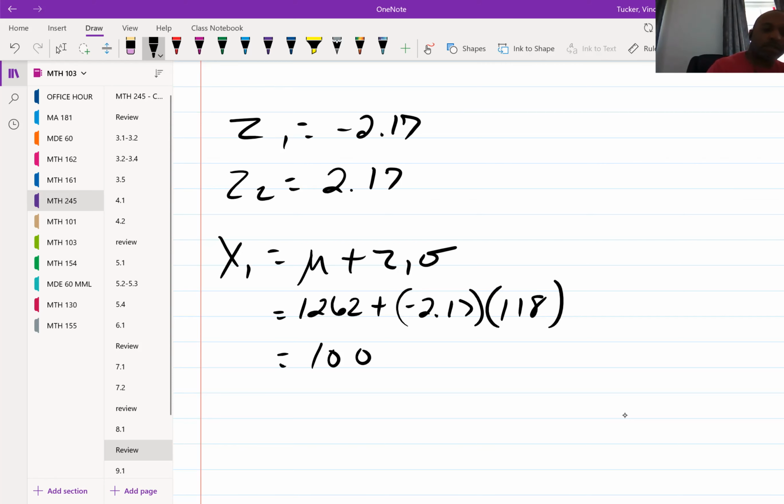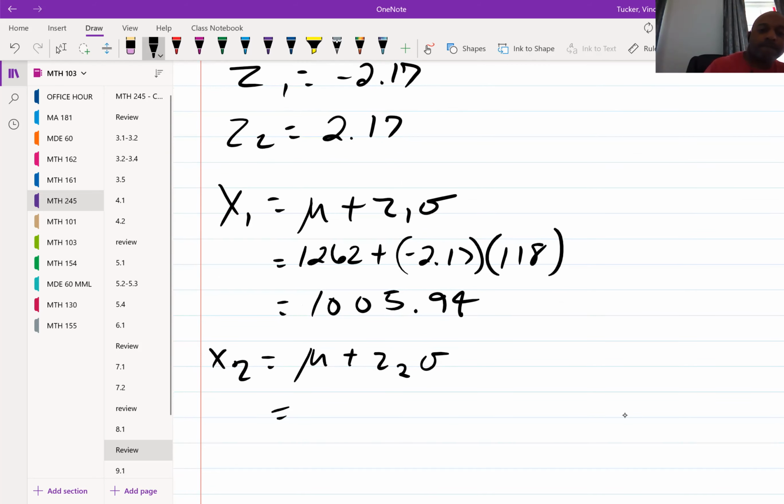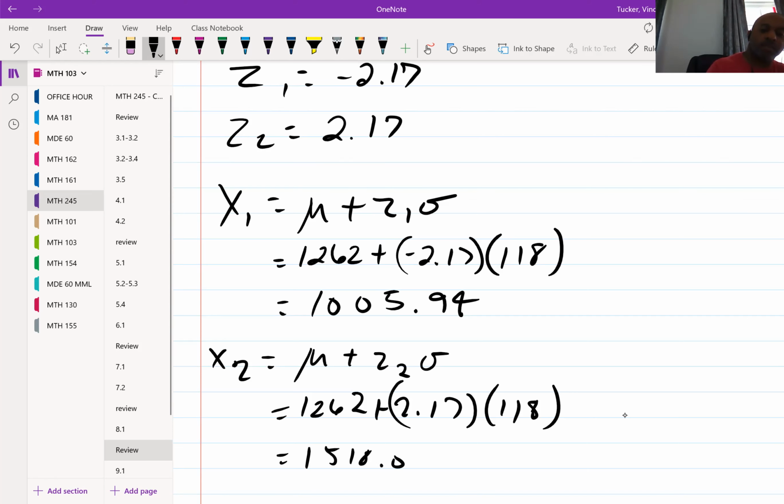I'm getting 1005.94. I'm pretty sure they're going to tell us to round to the nearest chip. Same thing here, except this time we use the second z-score: 1262 plus the positive 2.17, and that'll be 1518.06.